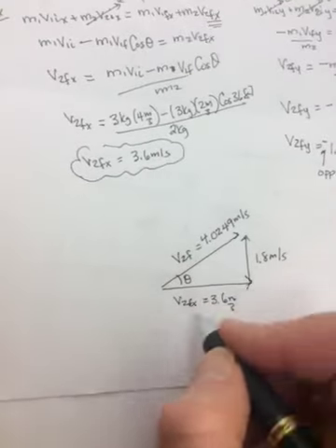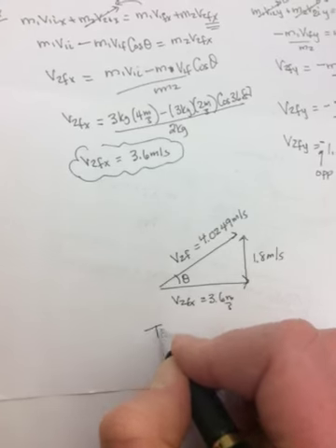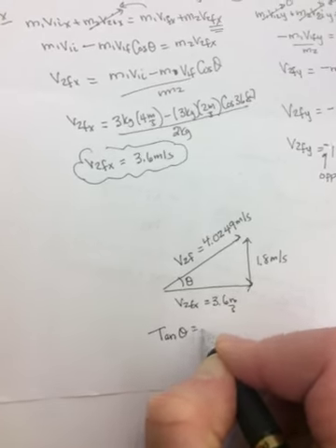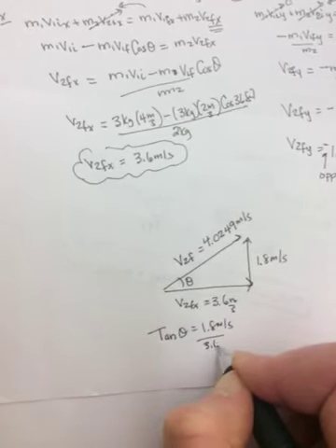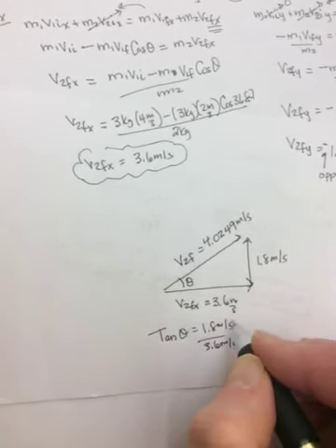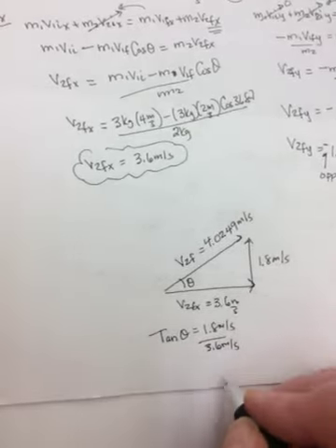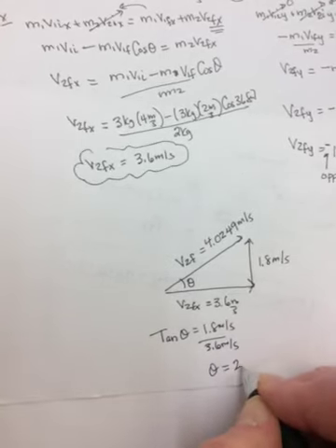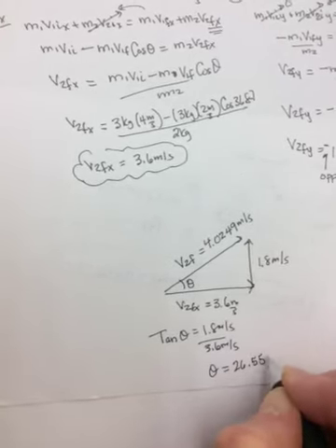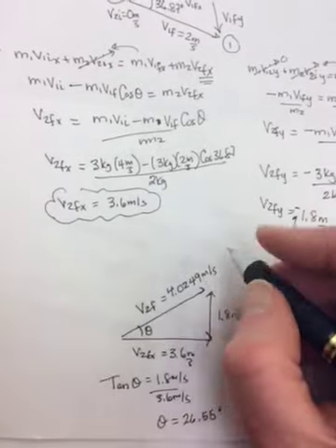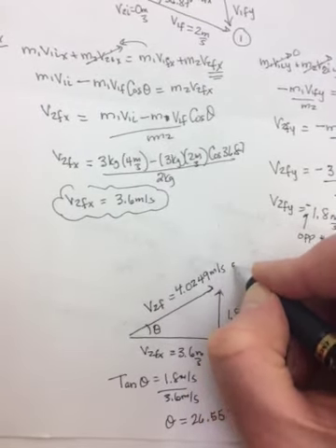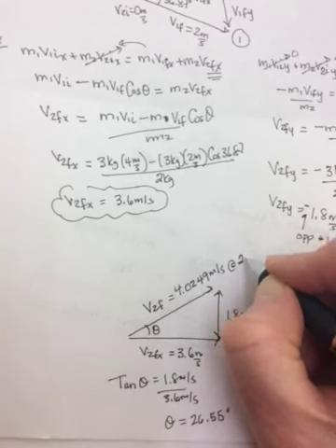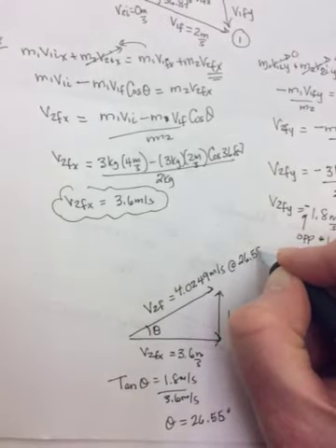So you have opposite and adjacent, so tan theta is equal to 1.8 over 3.6. Do inverse tan, and you get theta to be 26.55 degrees. So up here, it's 4.0249 meters per second at an angle of 26.55 degrees.